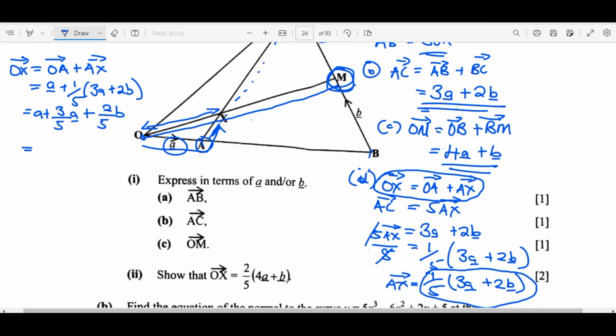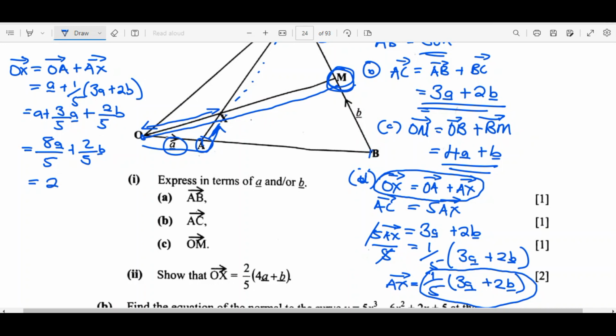We're going to find a number such that when we reduce that number, it should give us a 4. So that is 8. So we're going to say 8a over 5 plus 2 over 5b. And then when we reach here, what is common is 2 over 5.